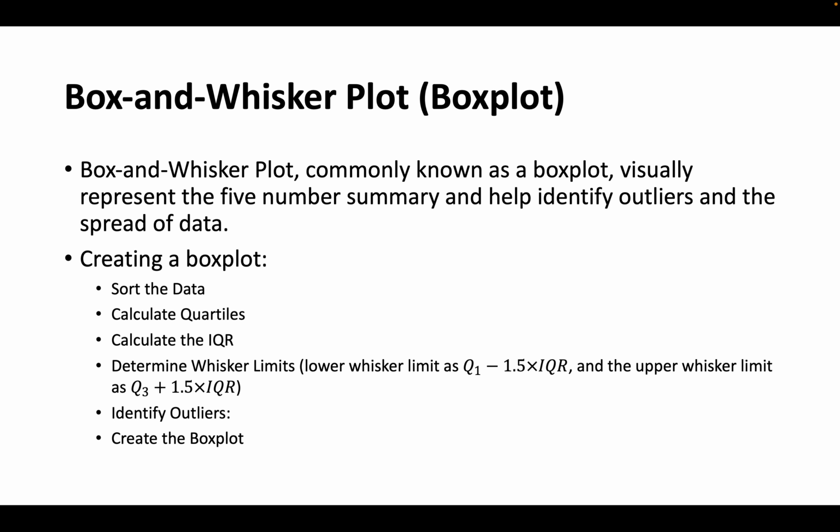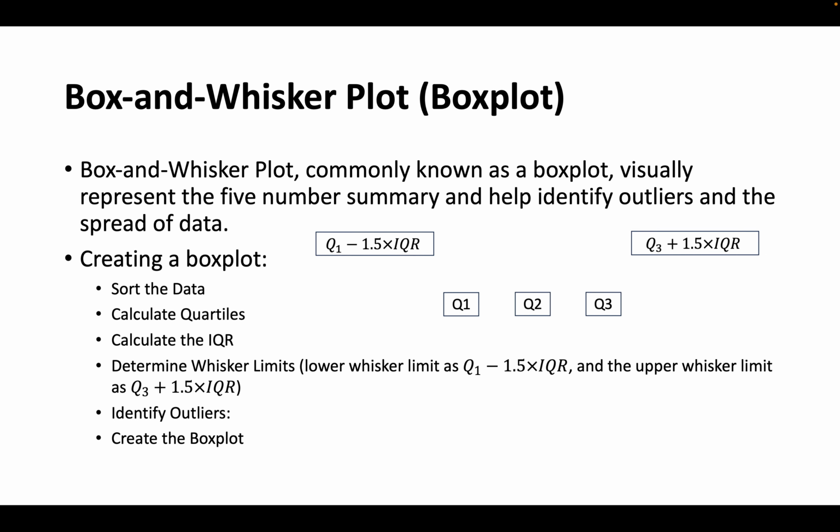In order to create a box plot, we first sort the data in ascending or descending order and calculate quartiles, starting with Q1, the first quartile or 25th percentile, and Q3, the third quartile or 75th percentile, and we calculate the median Q2, the 50th percentile, and then we compute the interquartile range as Q3 minus Q1 to determine lower and upper whisker limits.